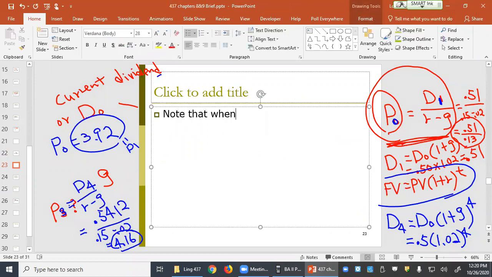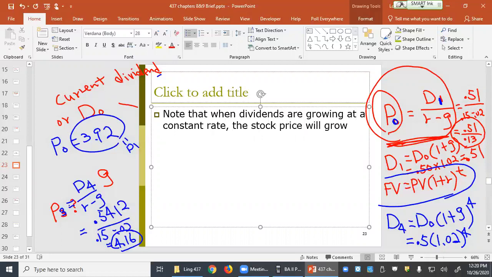Note that when dividends are growing at a constant rate, the stock price will grow at the same rate as the dividends. And what we saw was that the dividends are growing at 2% per year. And when we calculated the growth rate in price, we ended up with the same 2% growth rate.